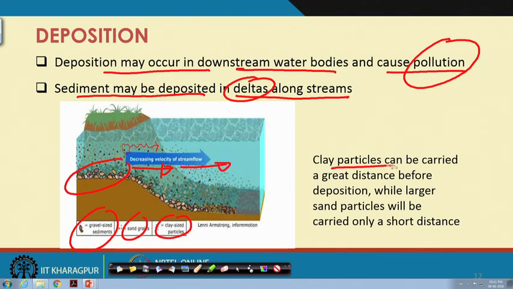So, clay particles can be carried a great distance before deposition, while larger sand particles will be carried only a shorter distance, which is quite obvious, because as the flow or velocity reduces, first the larger particles will get deposited and slowly the lighter particles will get deposited.